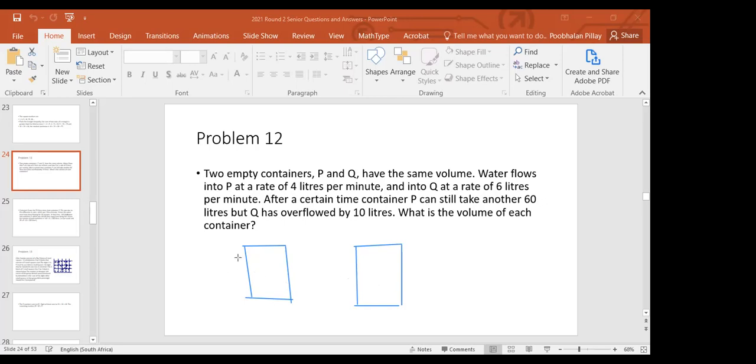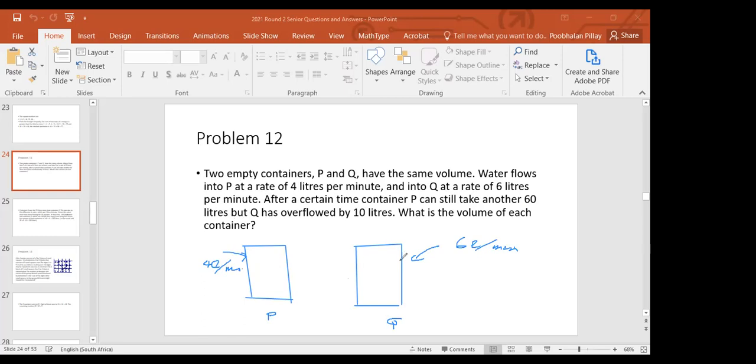So I'm going to make these two containers look the same because they got the same volume. So water flows, you're calling them P and Q. So water flows into P at the rate of 4 liters per minute. So water is going in here at 4 liters per minute. And into Q also, here you got 6 liters per minute.